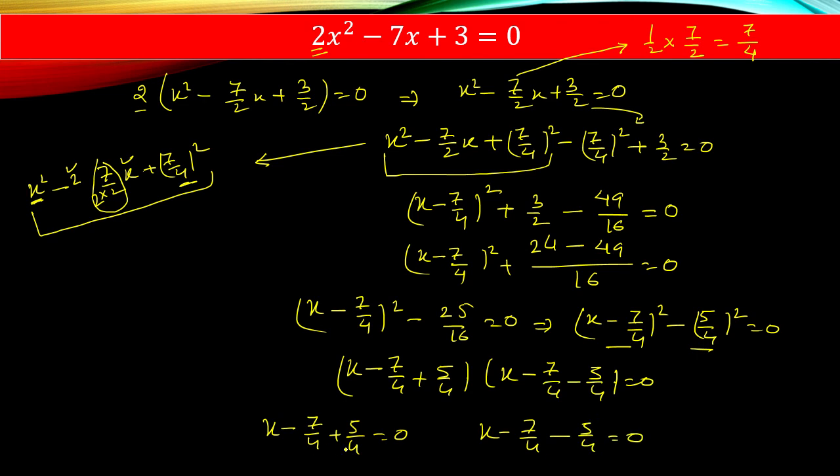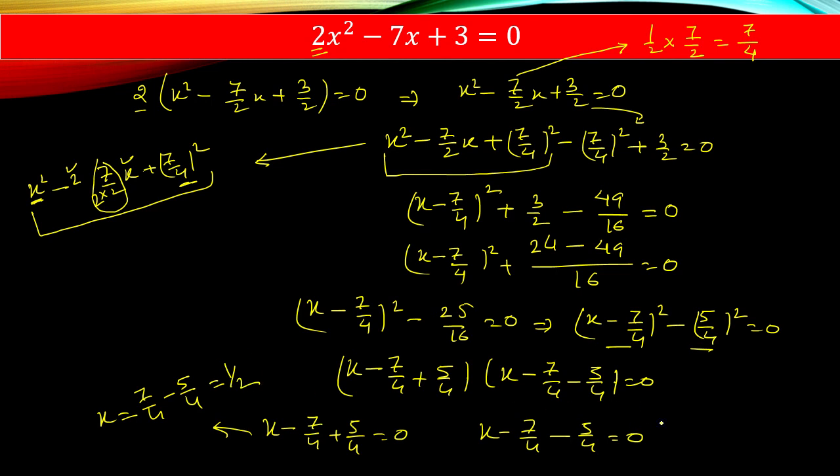So x is equal to 7 by 4 positive, 5 by 4 negative. Transferring to the right side, it should be 7 by 4 minus 5 by 4. So we find this is 2 by 4, that is 1 by 2. So the first root is 1 by 2.